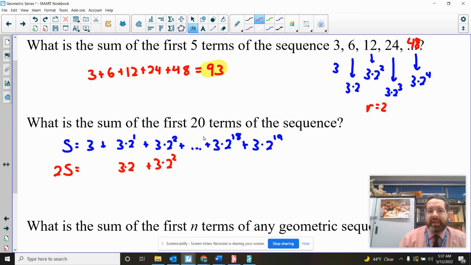We're going to continue doing that all the way down the line. So we'll have here the 18th term, 3 times 2 to the 17th times another 2 is 2 to the 18th. Then this term will become 3 times 2 to the 19th. And this term will become 3 times 2 to the 20th.